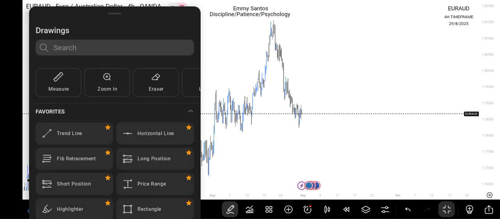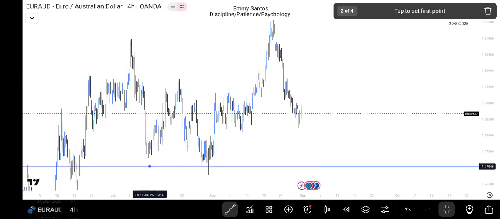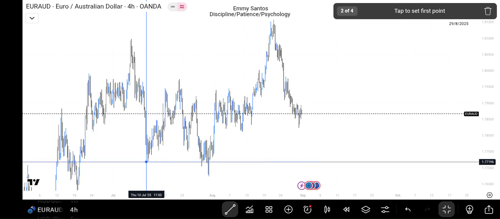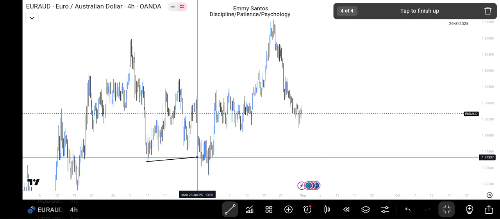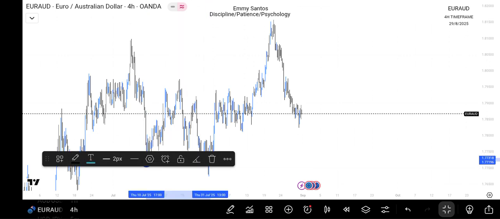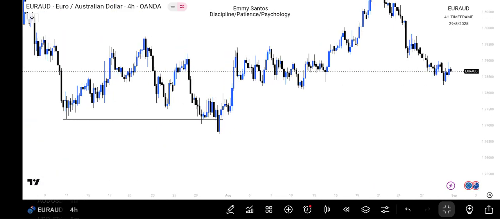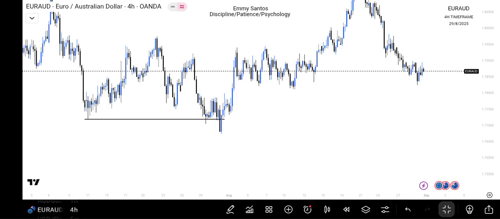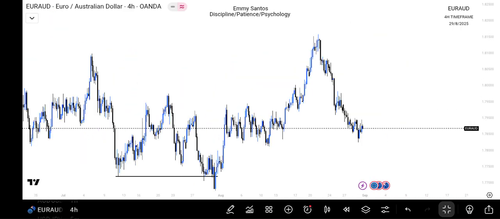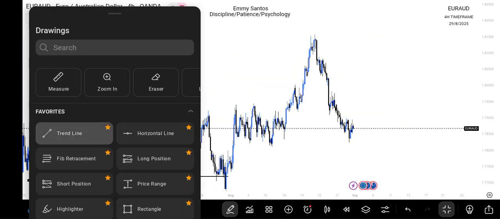Price came here and broke structure to the downside. Let me check. Okay, there is a sweep of liquidity down there. So price went to the downside.